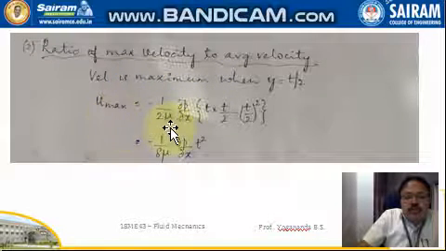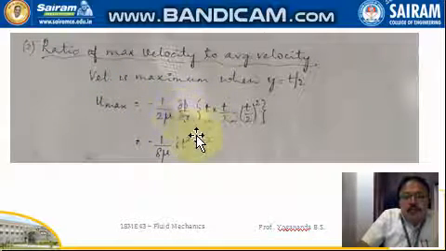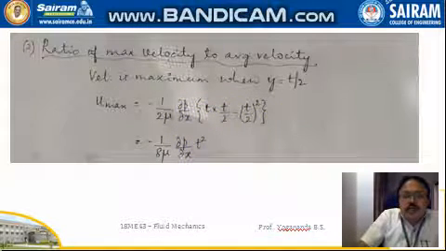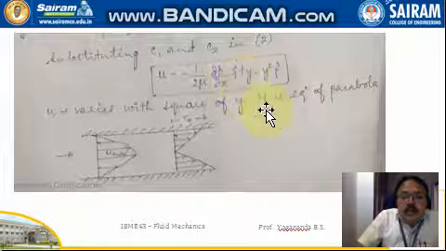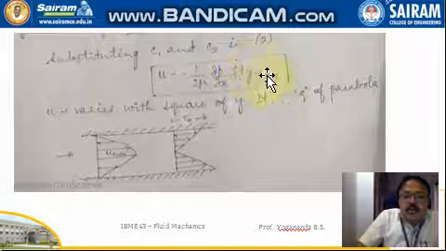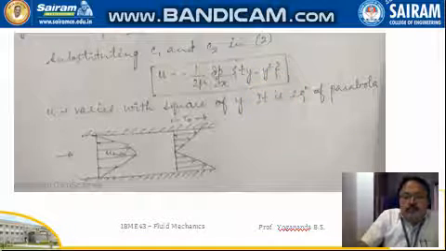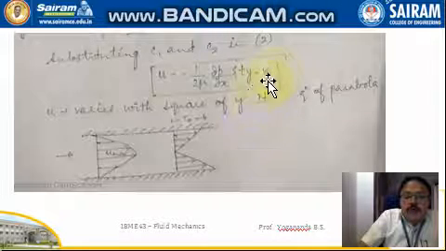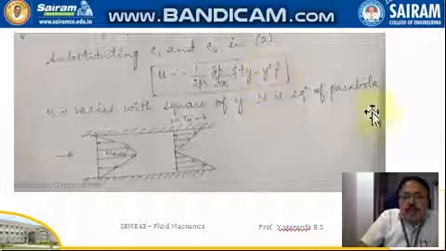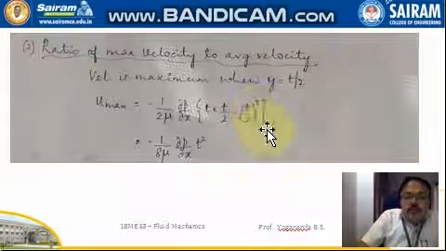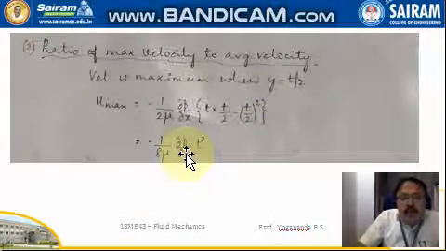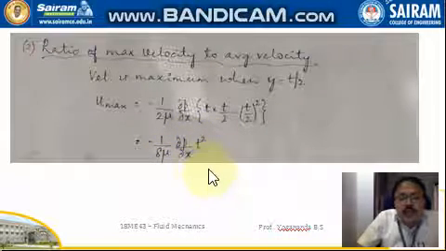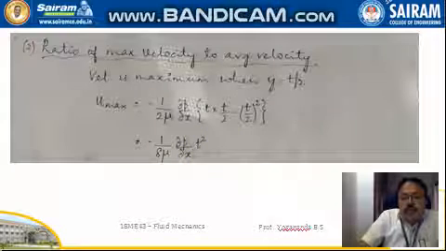So u max is equal to minus 1 by 2 mu of del p by del x into, substituting y as t by 2 in the velocity equation, t by 2 whole square. On simplifying, we get minus 1 by 8 mu of del p by del x into t square.